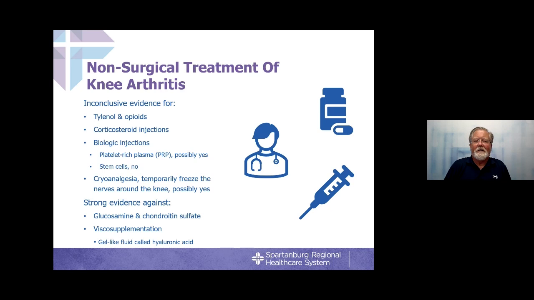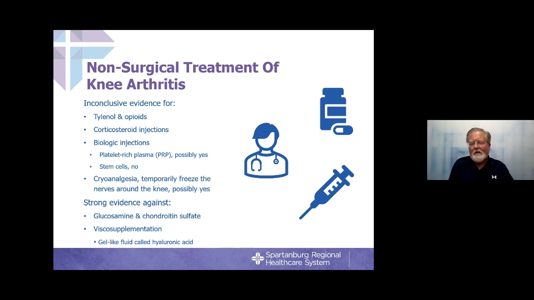Now, surprisingly, and traditionally through the years, there are a lot of other things that we have been using, and I'm sure many of you out there have read about these or experienced some of these. When we look at good critical science, the evidence for the use of Tylenol is really somewhat inconclusive.